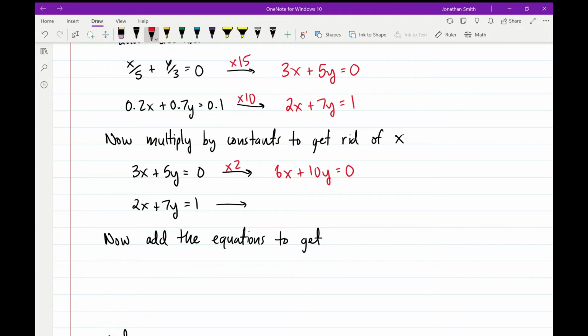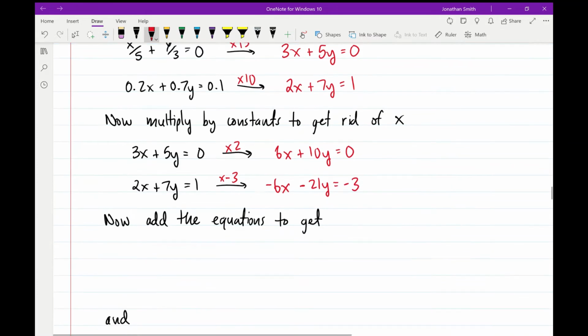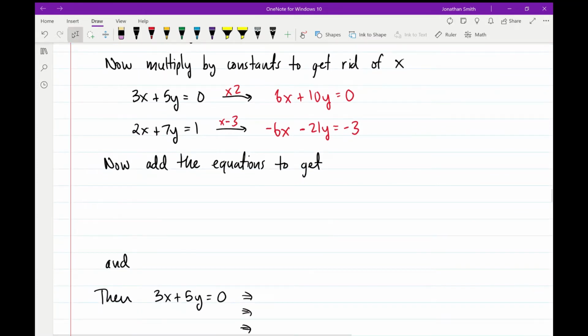And now the second equation, I want the coefficient of x to become -6. So I'm going to multiply by -3, and now I'm going to have -6x minus 21y is equal to -3. And now we're going to add the equations together.